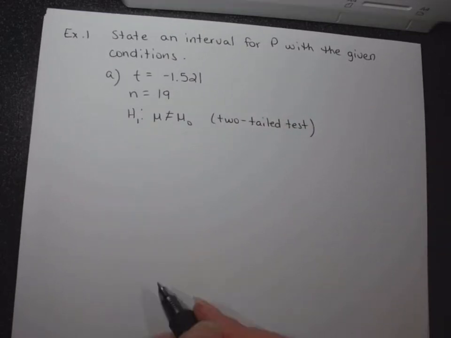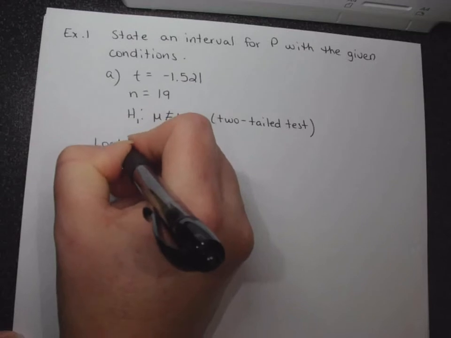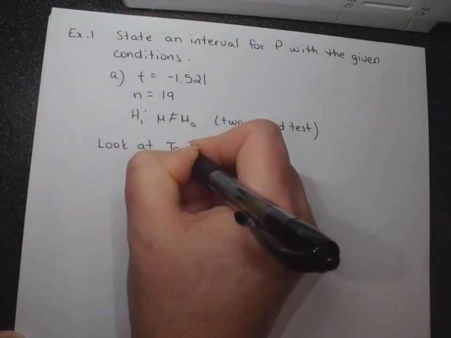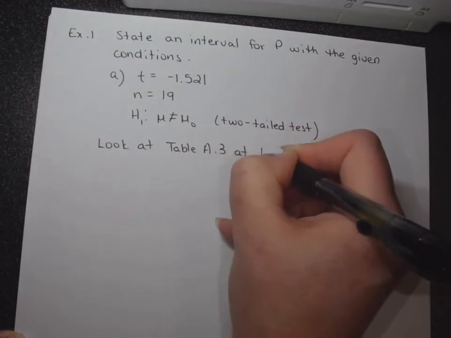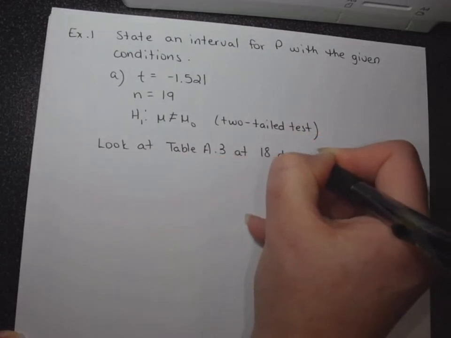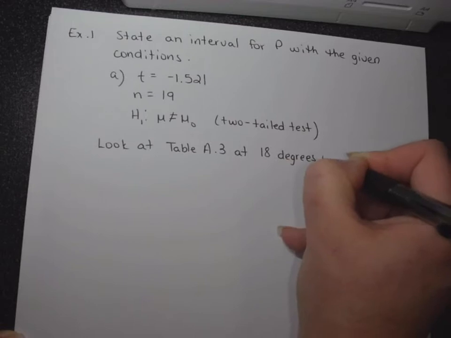So here is your process for all of these. You're going to look at table 8.3 at 18 degrees of freedom, 18 because our n is 19.